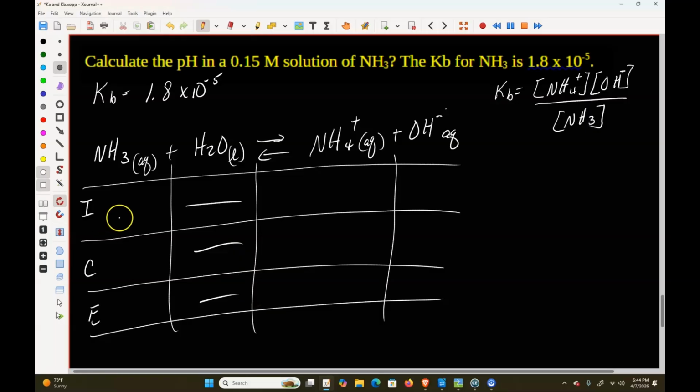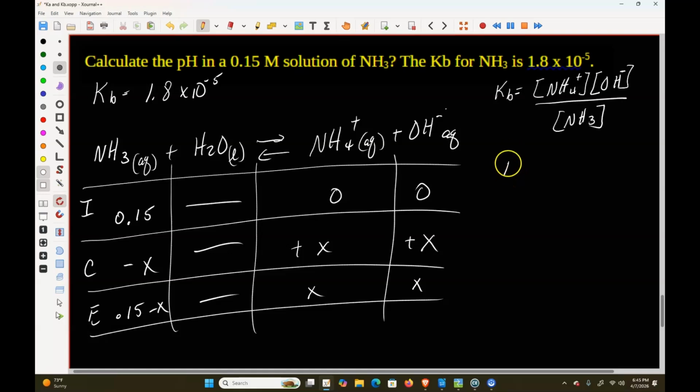We started out with a 0.15. We have 0 here and here. Minus x plus x plus x. Okay, so minus 5 and negative 1. I see 4 powers of 10. So I'm going to drop the minus x again.